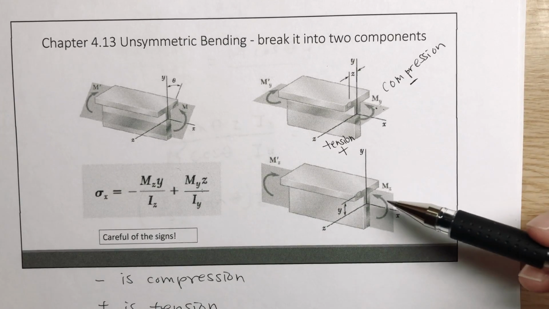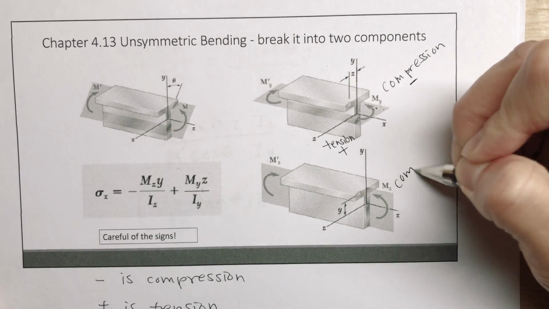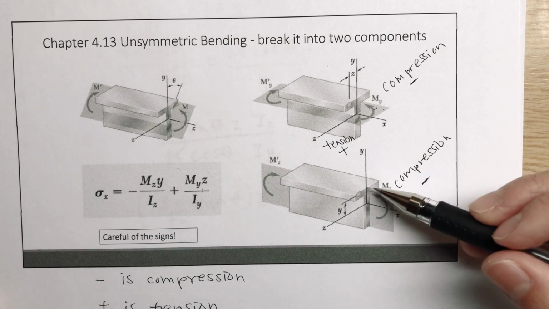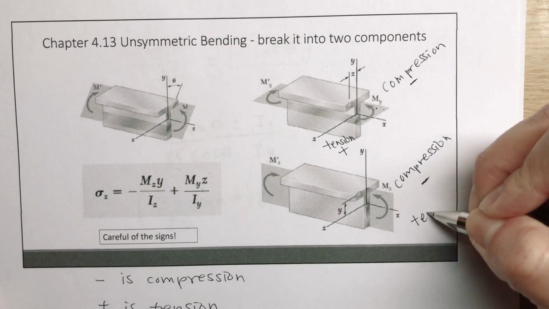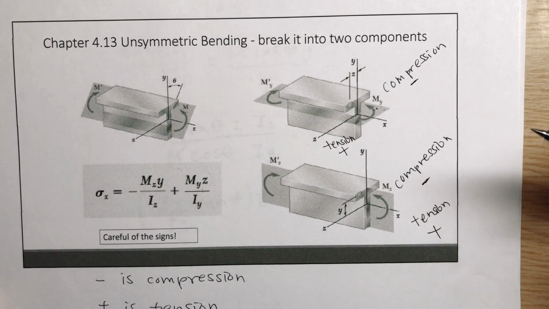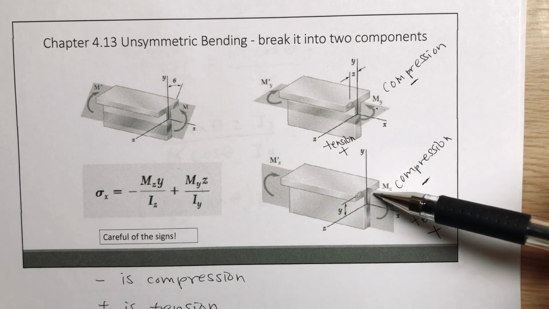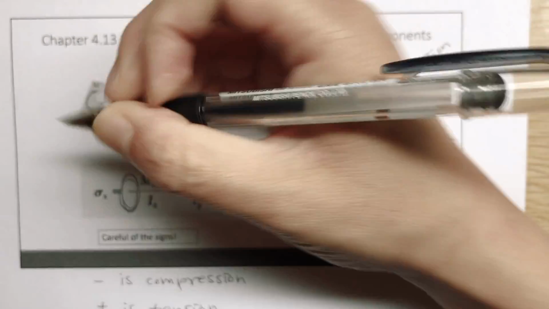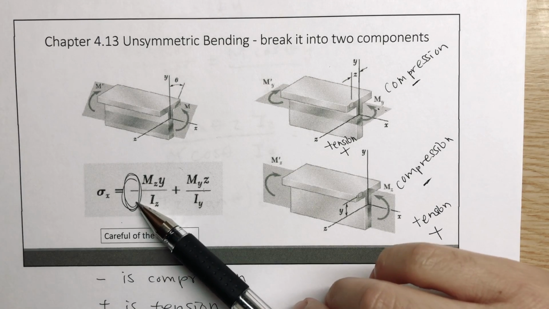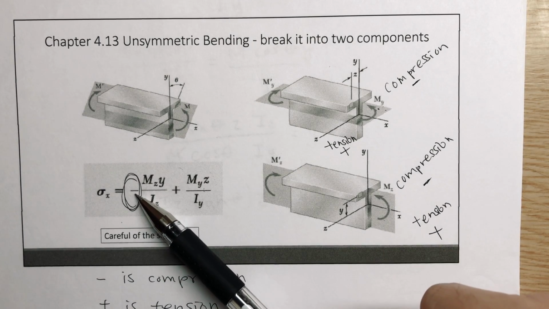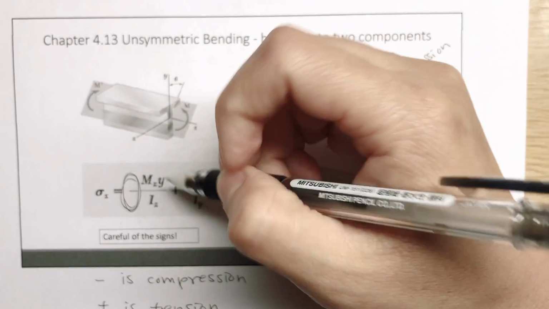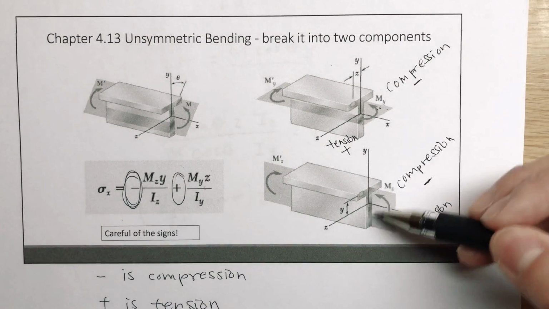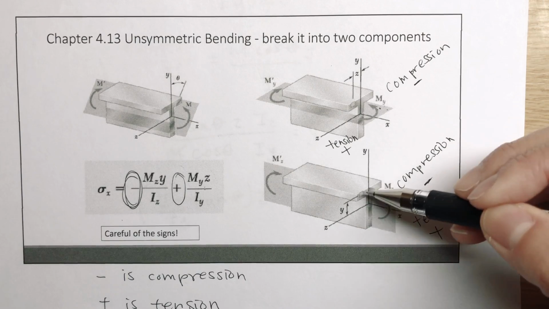This moment's causing the top to be in compression, so that's negative. The bottom is tension, so it's positive. Top is compression, bottom is tension. So be careful of the signs. You need to manually put in the sign right there, depending on what part of the cross section you are looking at.